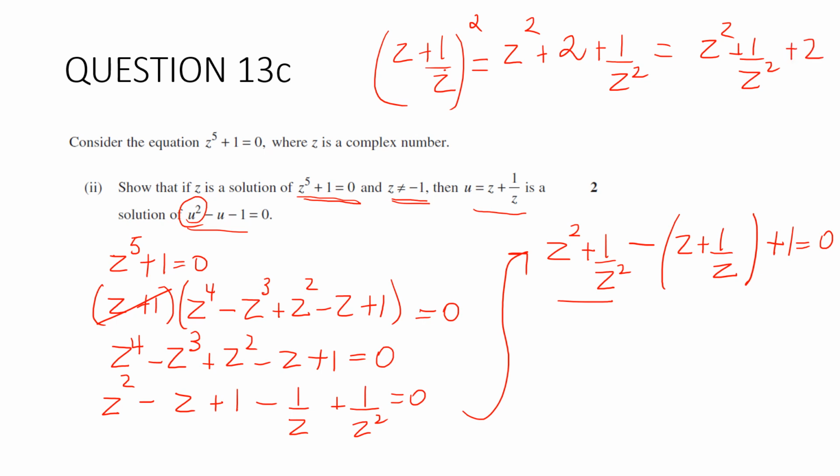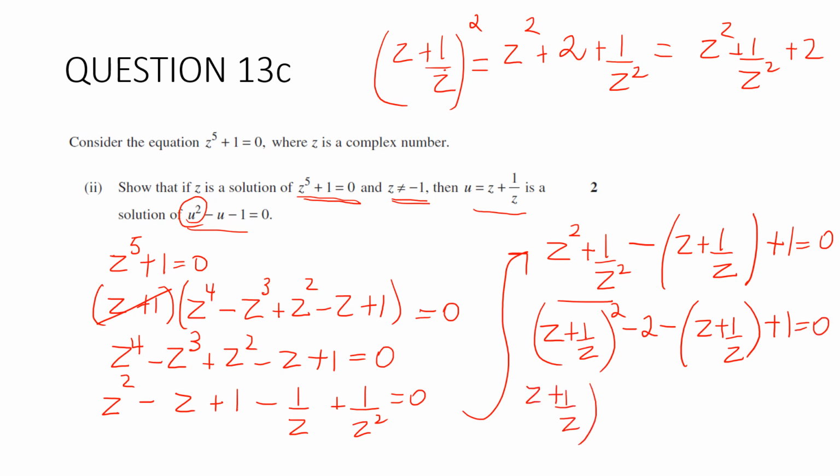So this down here is equal to, let me try and get this right, z plus 1 on z squared, take away 2, take away z plus 1 on z plus 1 is equal to 0, which is z plus 1 on z all squared, take away z plus 1 on z minus 1 is equal to 0, and therefore satisfies this equation.